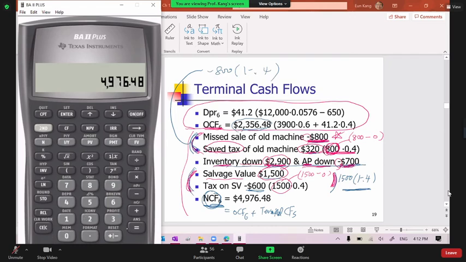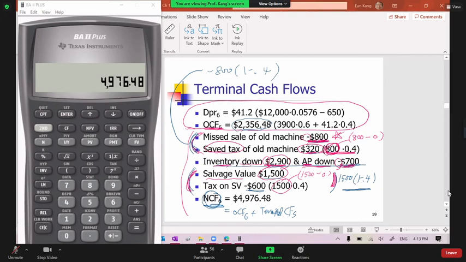Check. Thank you. 4976.48. So that is simply, again, this one, OCF plus all those terminal cash flows.